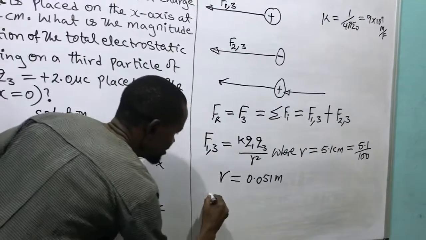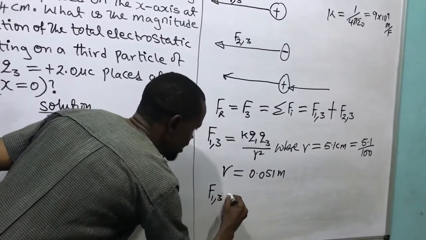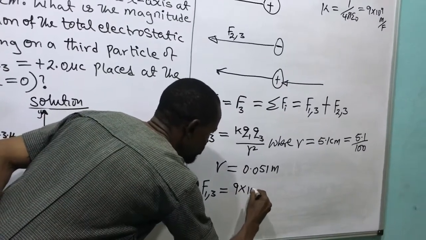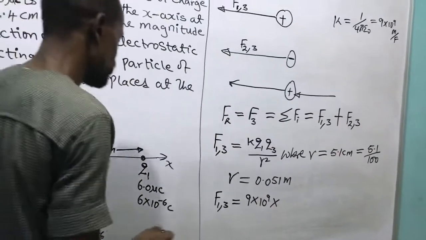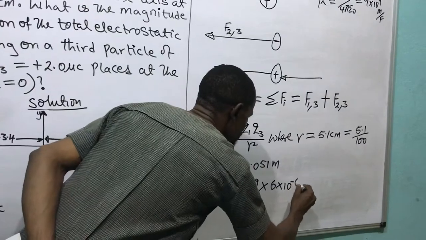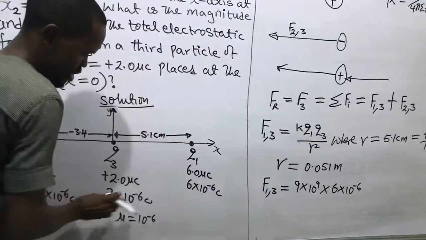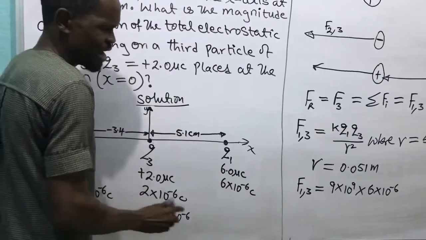You're following me? Then now I can say that F1 on 3, the force of charge 1 on 3, equals, substituting the values I have, 9 times 10 raised to power 9 times Q1. What's my Q1? It is 6 times 10 raised to power minus 6. Look at Q1 here. Q2 is 2 times 10 raised to power minus 6.